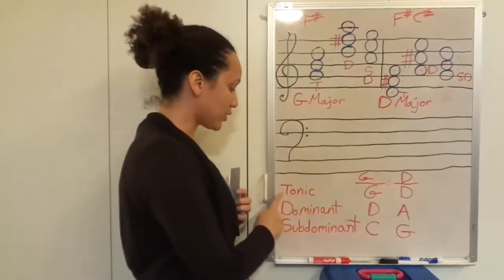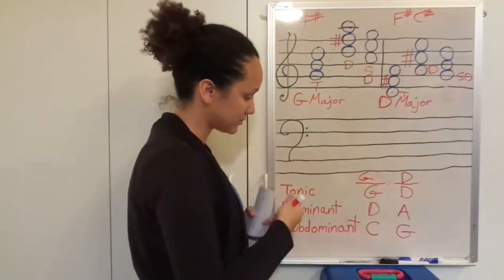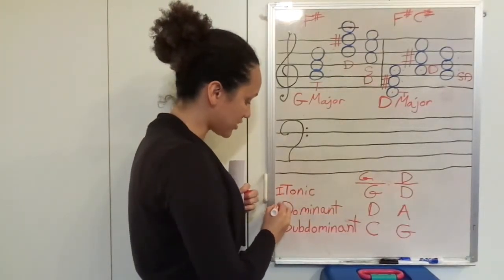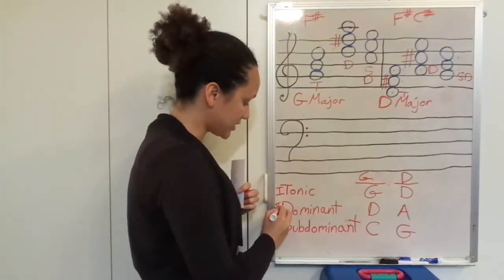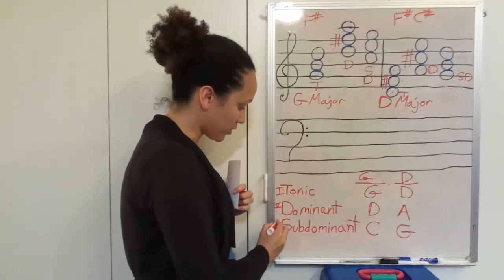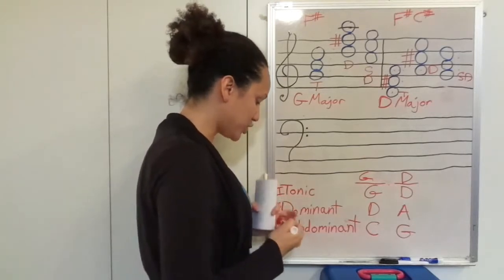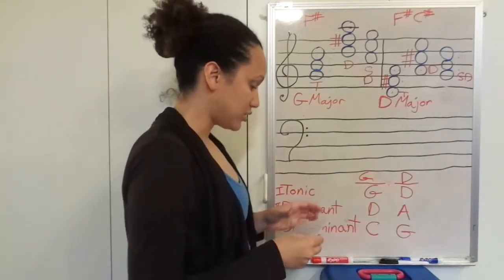Remember that the 1 chord is the tonic. I'll put that here. The 1 chord is the tonic, the 5 chord is the dominant, and the 4 chord is the subdominant. And we use the Roman numerals as shorthand.